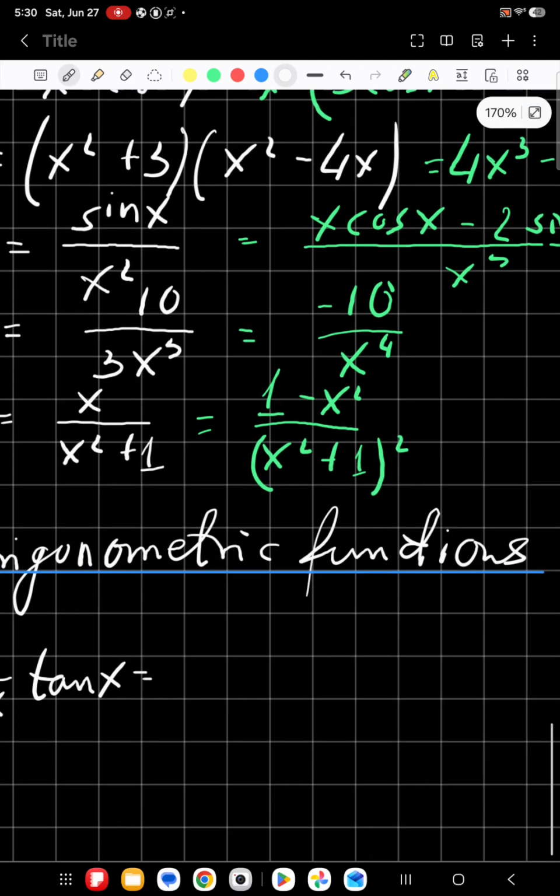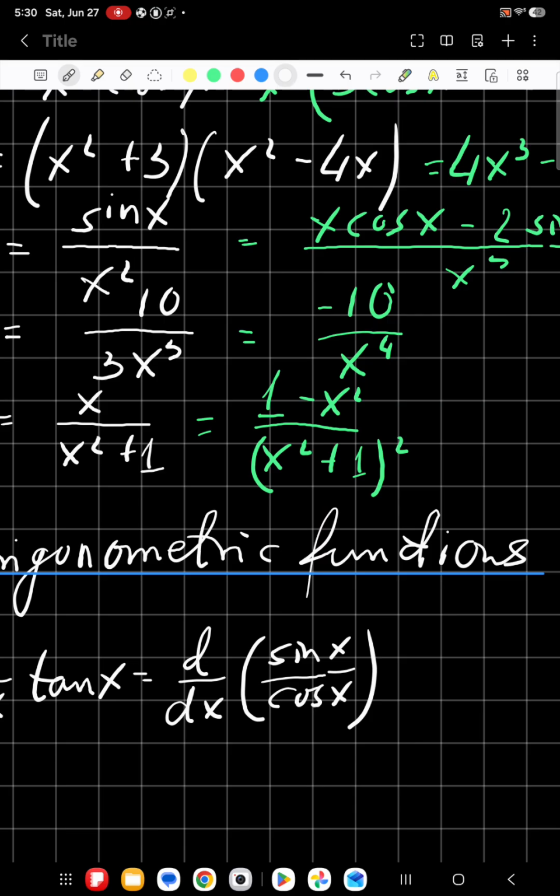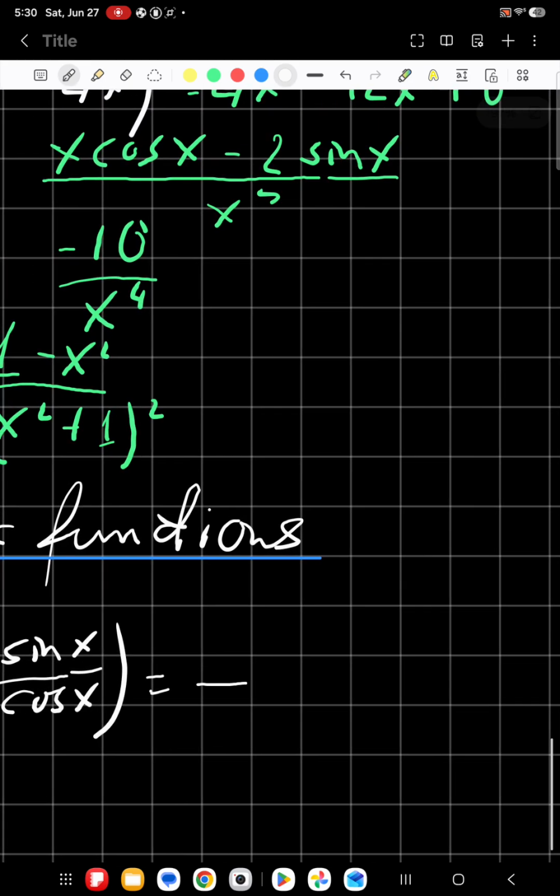Tangent is sine over cosine, so we have sine x on the top and cosine x on the bottom. We need to use the quotient rule. So it's the derivative of the top, maybe let's use parentheses, the derivative of sine x times cosine x.